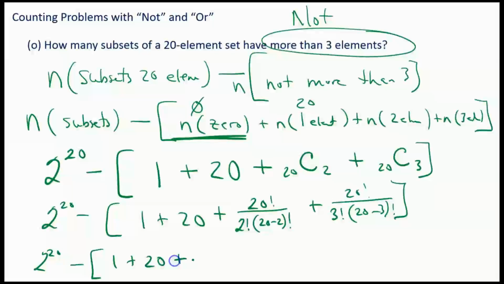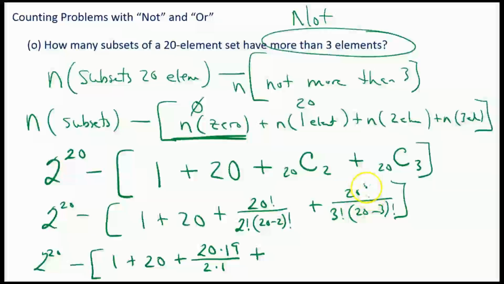We'll write it in a minute. But this 20 factorial, look, that's 18 factorial, right? So that means I write the top one down, 20 times 19. And then the 18 cancels with the 18 that's out here. And then 2 factorial is 2 times 1.